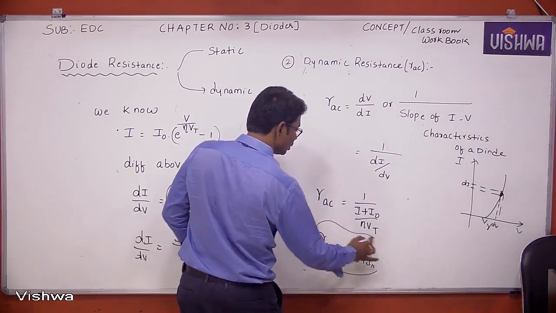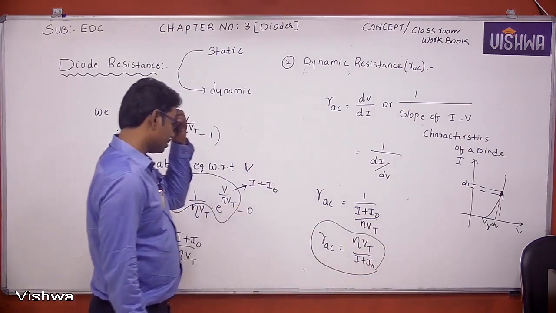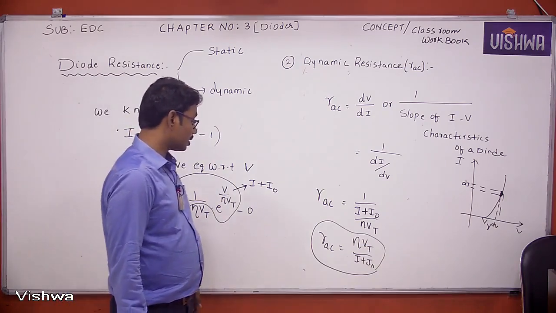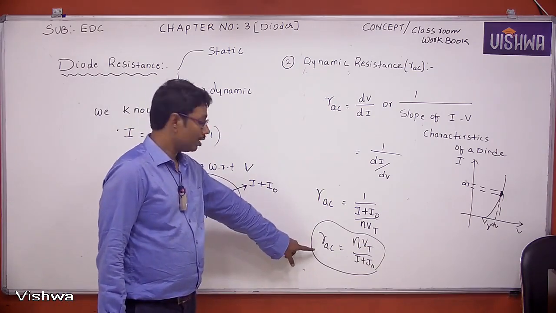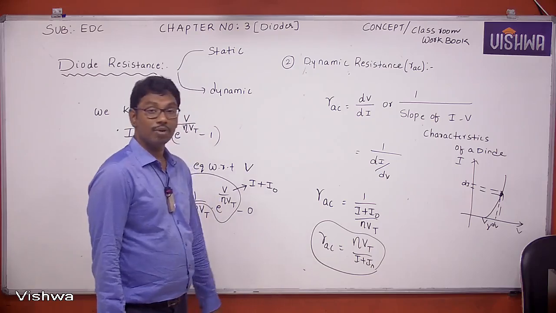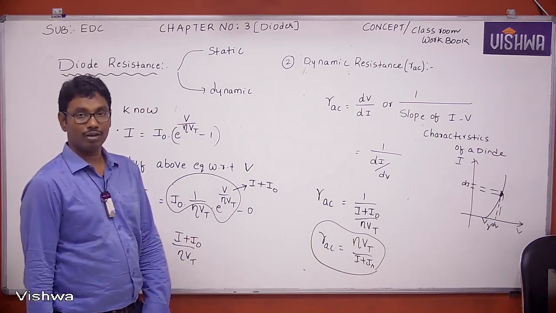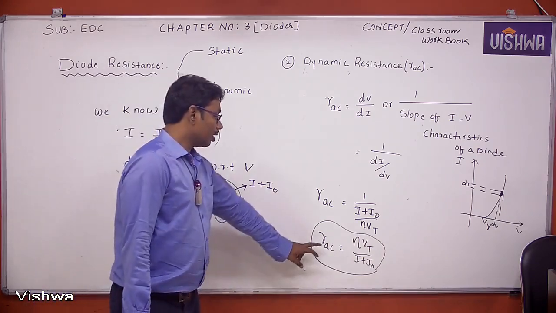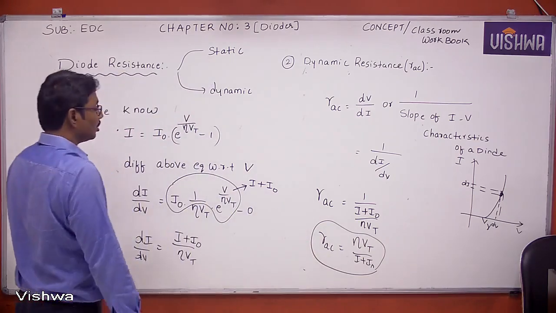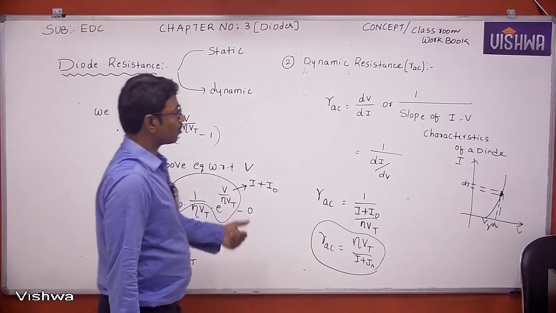This is the equation of dynamic resistance. This dynamic resistance is calculated under presence of AC source. That's why it is also called small signal resistance. Small signal resistance and dynamic resistance both are same. One more point: what is the dynamic resistance in case of forward bias?